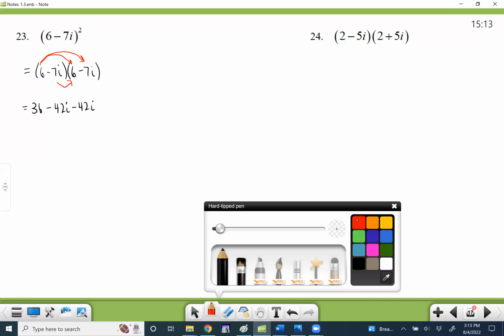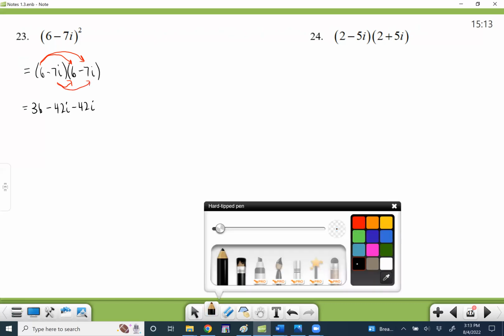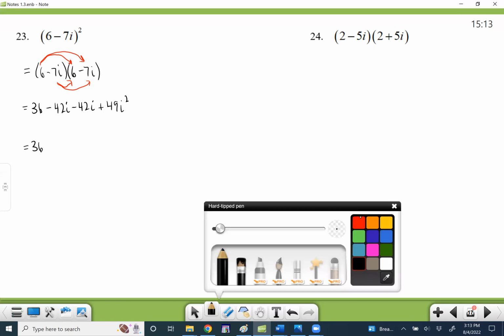And this one, we have a negative times a negative. 7 times 7 is 49. I times I. All right. 36. Always combine the middles.